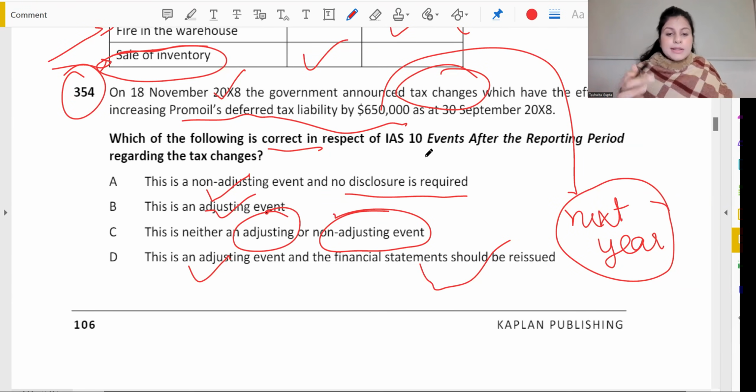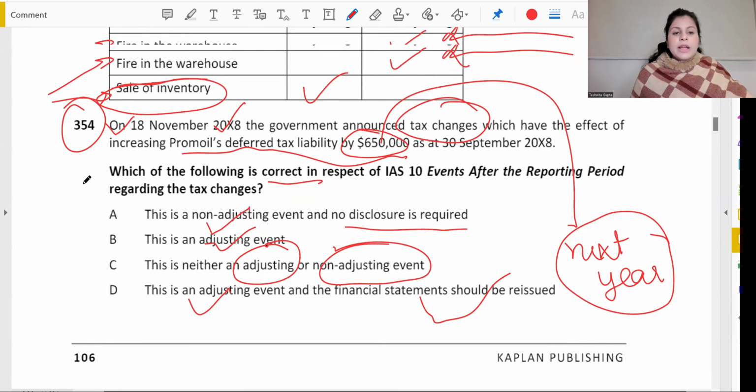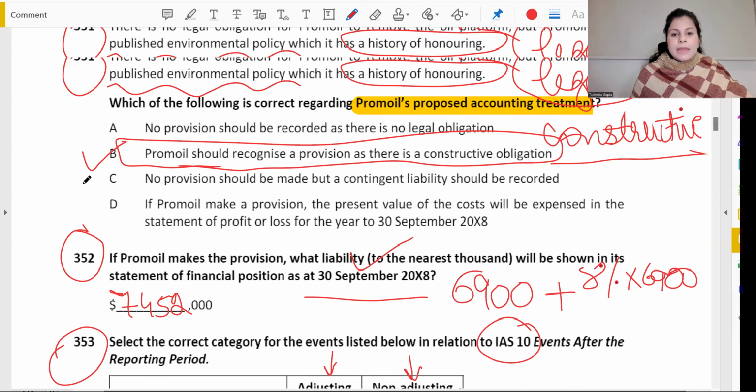That means the 6,50,000 was there at the year end. But if the government tax changes, that tax change or that tax rate is not something which we are explicitly using, right? This announcement happened on 18th November 2018, which is not something which we consider. Why do we not consider it?